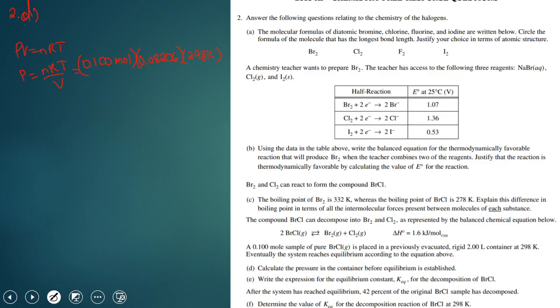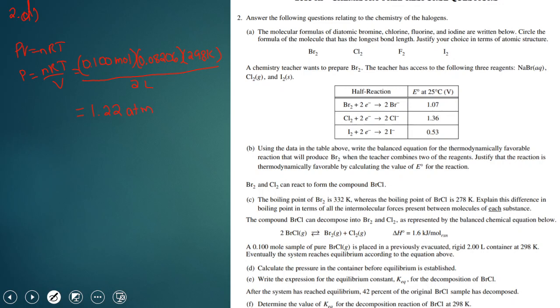Times the temperature, 298 Kelvin, because it gives us 298 Kelvin. If it was Celsius, keep in mind the conversion you would have to do, because our gas constant has Kelvin in it, and then divided by our volume, 2 liters. Plugging that into a calculator, when you convert significant digits, you get 1.22 atm.